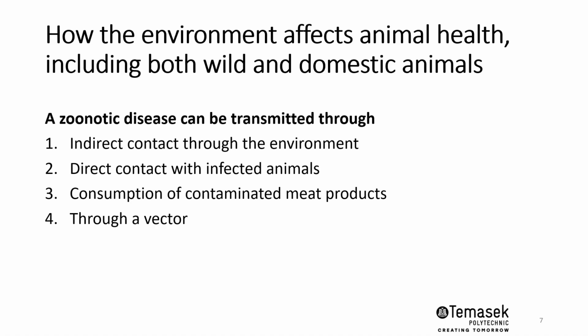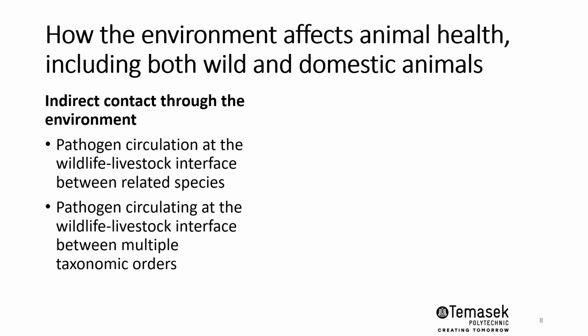in more detail. So let's look at how indirect contact through the environment can lead to zoonotic diseases. Pathogen transmission at the livestock interface is very complex, right? It is particularly driven by environmental contamination and shared resources, often because of human activity, agriculture, or even climate change.